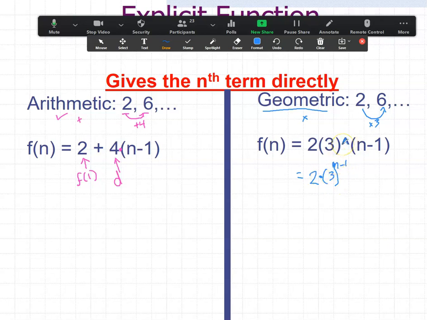That's what this little caret character means. It means raised to the power of n minus 1. Here, this is your f of 1, your first term. This is your common ratio. And then you raise it to the power of n minus 1.